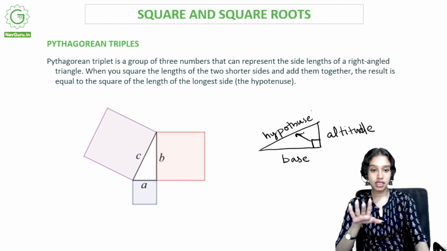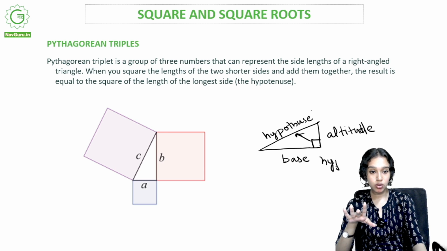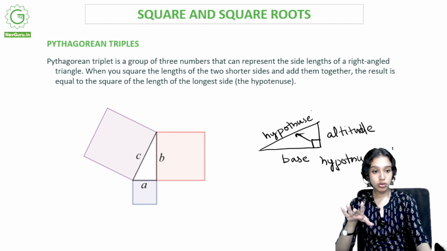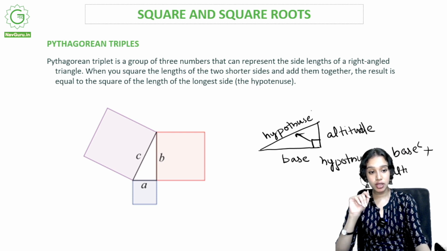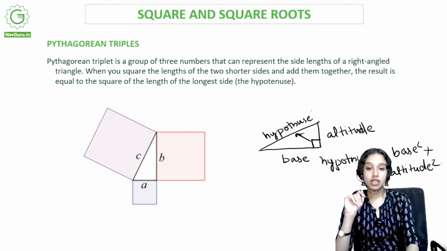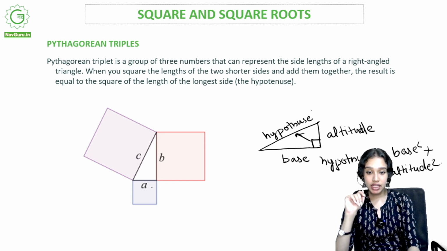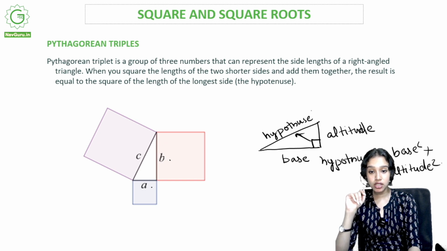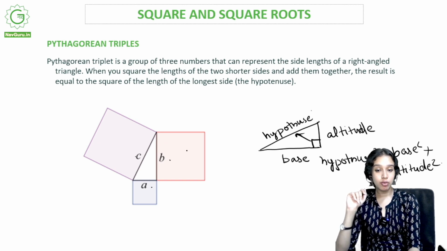The Pythagoras theorem just says that the hypotenuse square is equal to the base square plus the altitude square. So here A is the base, B is the altitude, and C is the hypotenuse.